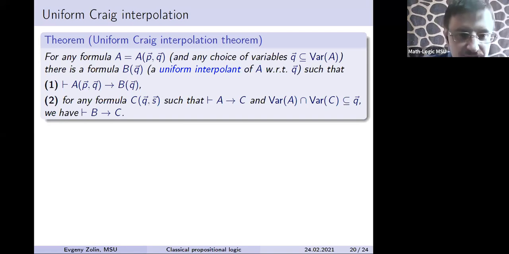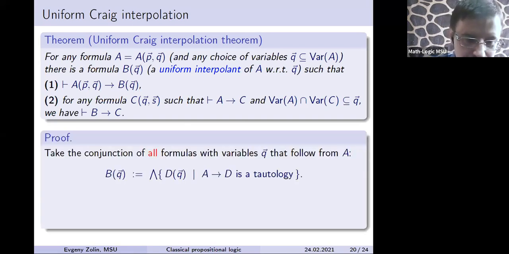Quite an interesting property. And again, this can be proved for stronger logic, not only for propositional logic. But again, the proof here is simple. I will only give a sketch of a proof.